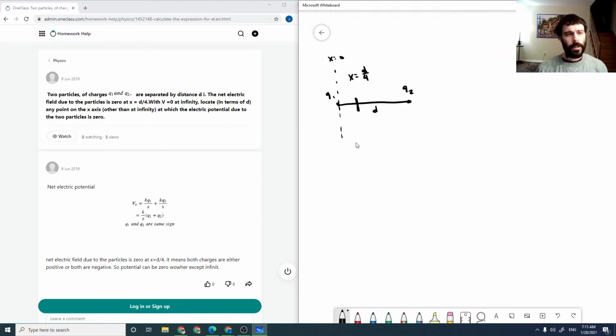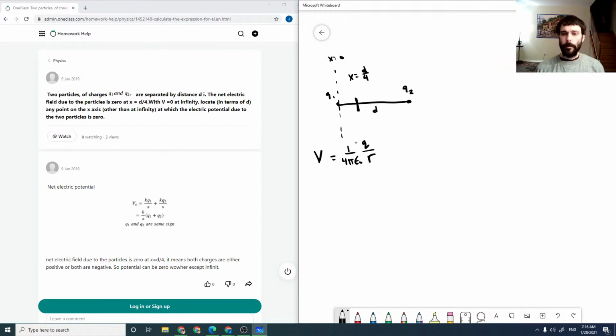So we need to locate, in terms of d, any other point on the x-axis at which the electric potential due to the two particles is 0. My potential due to a charge q is going to be 1 over 4 pi epsilon naught q over r.